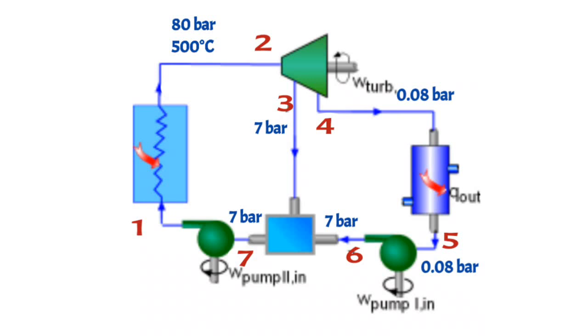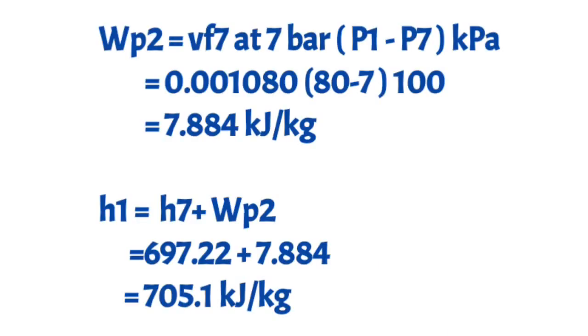So we have to take the pressure difference between point 1 and point 7, and we have to consider the pressure in kilopascal. The pressure is given in bar, so we have to convert this bar into kilopascal by multiplying with 100. And we will take the specific volume at point 7, that is at 7 bar. So WP2 is equal to VF7 at 7 bar times (P1 minus P7), where pressure is in kilopascal.